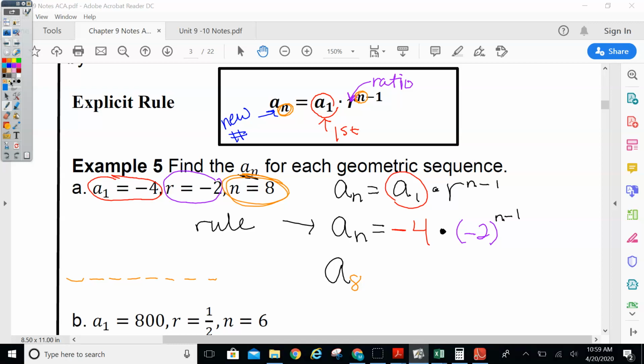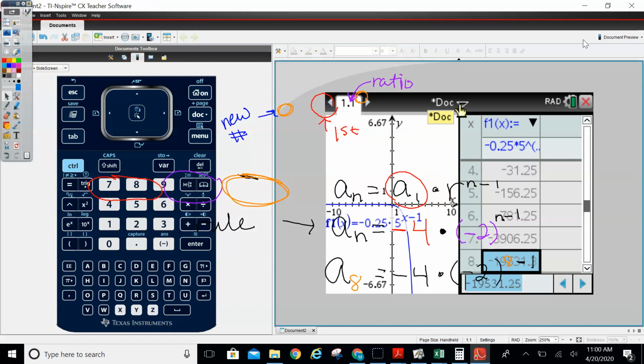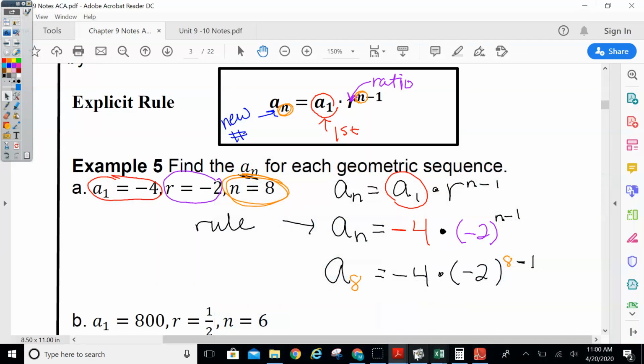So plug in -4 times parentheses -2 exponent 8 minus 1. If we're looking for the 8th term, we plug in the 8 for n. I'm going to do it on both, depending on what you have so far. So let me do it on your phone real quick, or on the computer calculator.